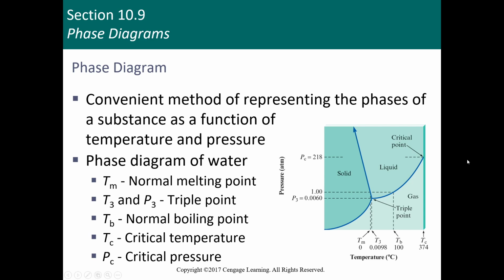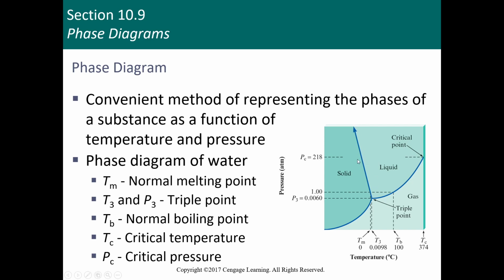All right, so right here is the critical pressure and temperature. And I'll mention the critical point later whenever we go on to the next slide. Right here, though, this line actually tells you something.